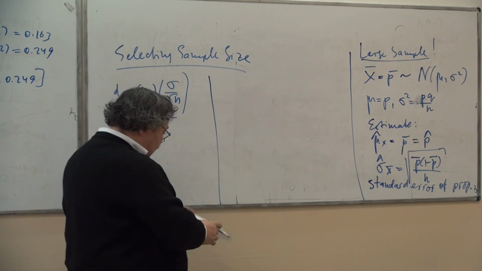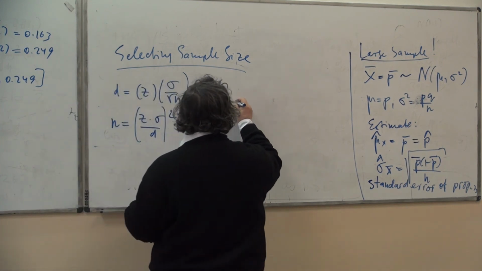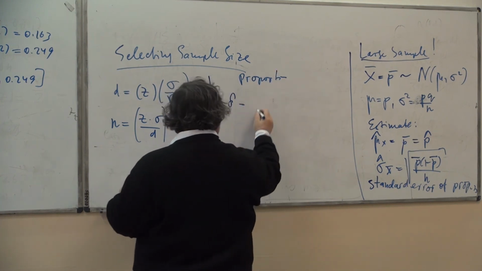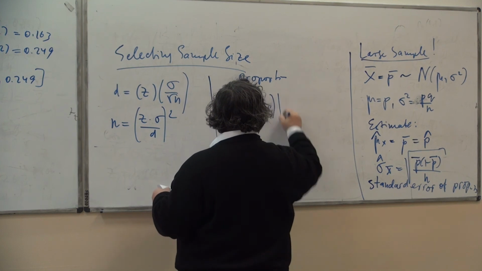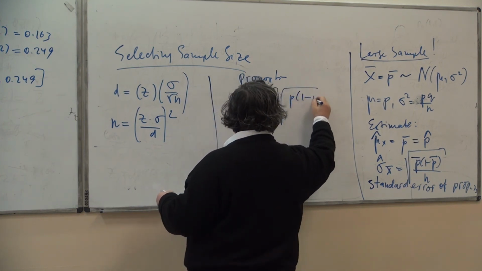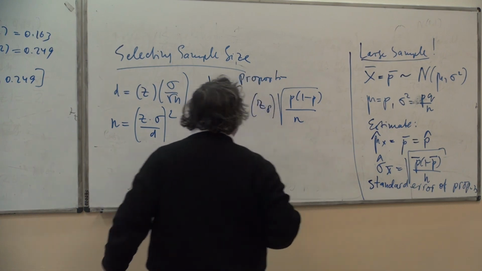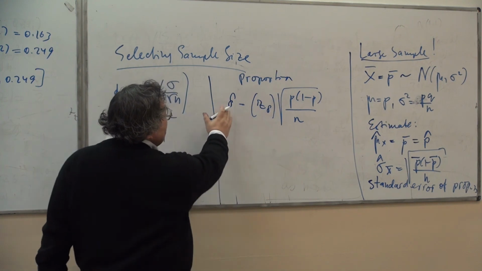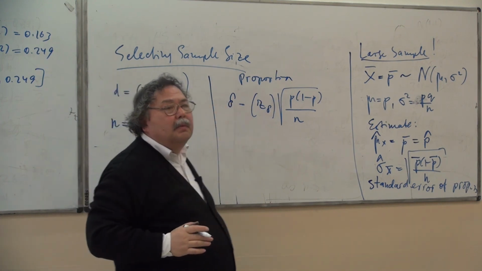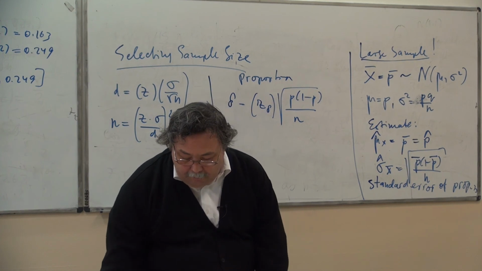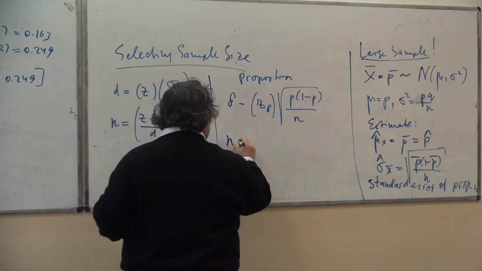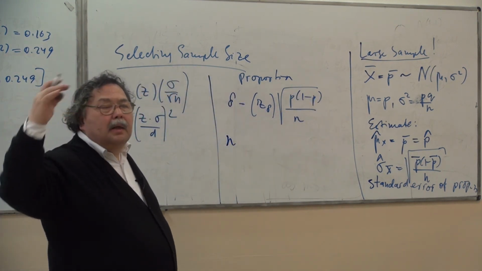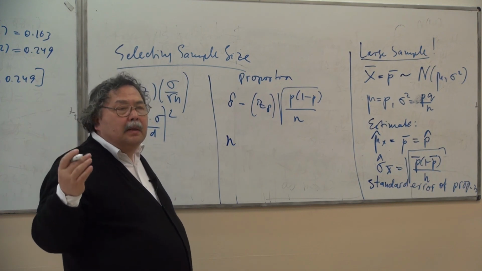And the same thing for the proportion. So for the problem of estimating proportion, we can write this again here. This delta stands for the half width of the interval, and if we rewrite it and look at this, p times 1 minus p attains a maximum value when p is 1/2.